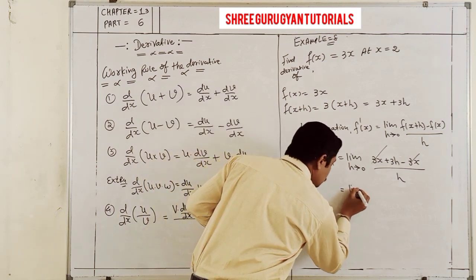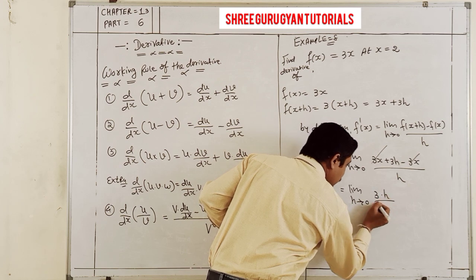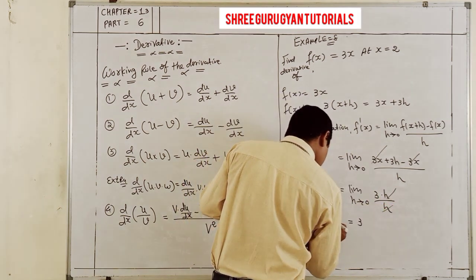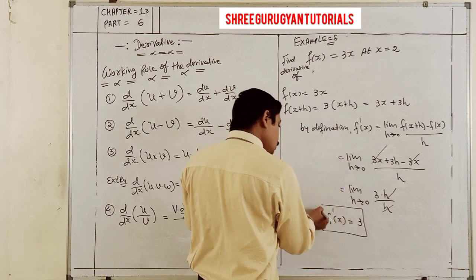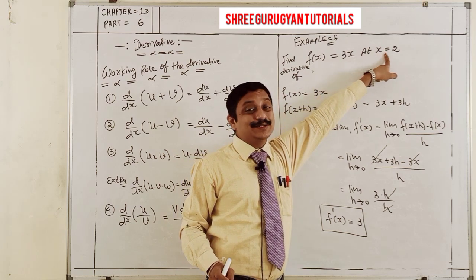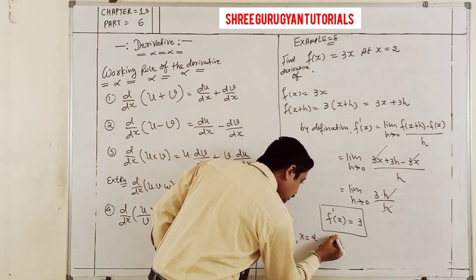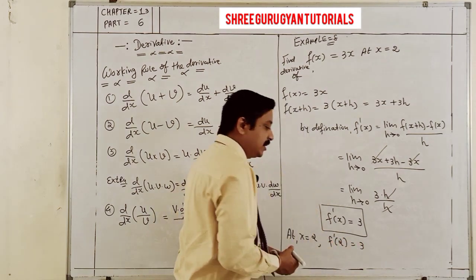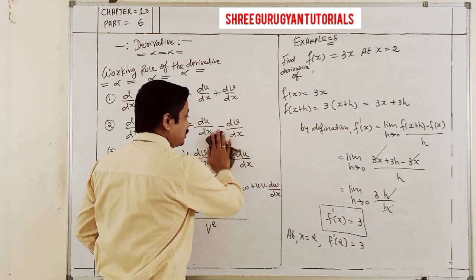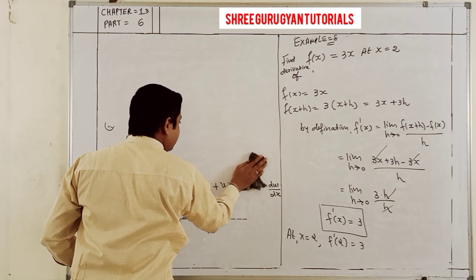So limit h tends to 0 of 3h/h, and h also goes, you only have 3. f'(x) means the derivative is over. But you are asking here at x equal to 2, so at x equal to 2, f'(2), in place of x you will substitute only the value 2, which means your answer is 3.